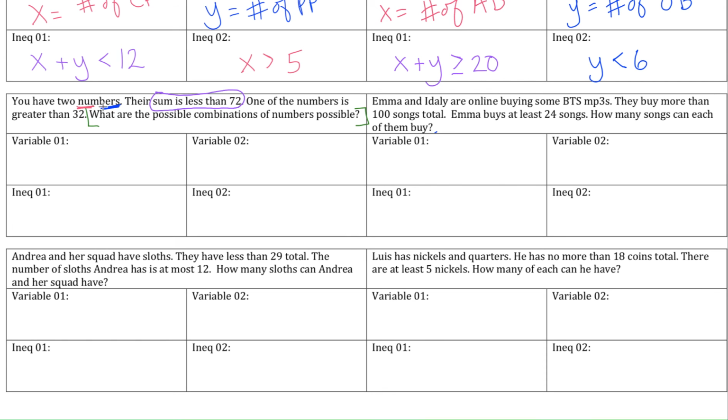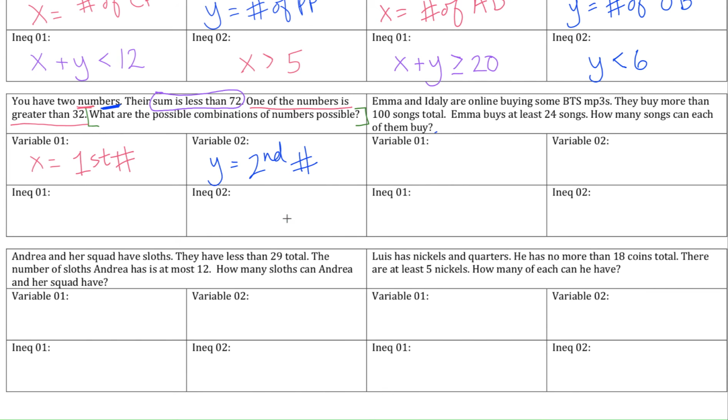One of the numbers, it doesn't matter which one, we'll make it red, is greater than 32. So we'll put X is the first number, and Y will be the second number.